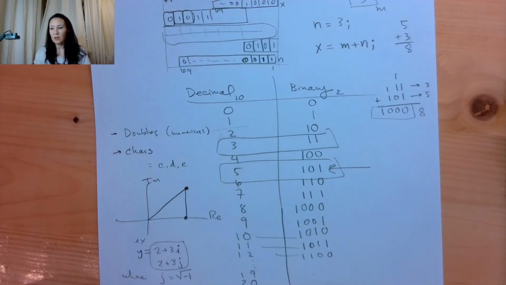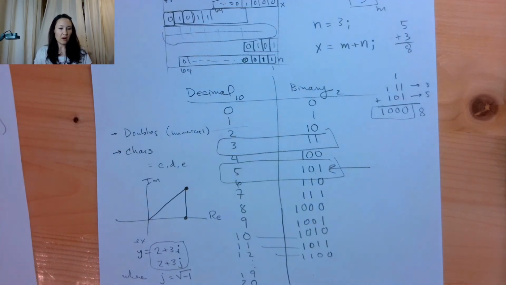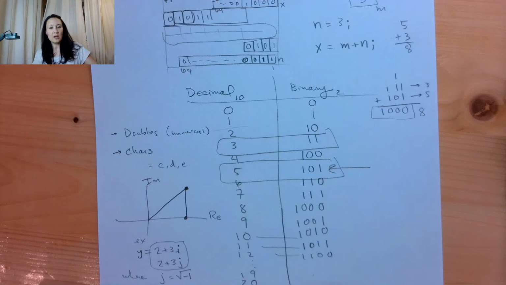And Unicode uses what's called ASCII. It stands for the American Standard Code for Information Interchange. I'll give you a link to a table where you can look up letters and see what their Unicode encoding is.